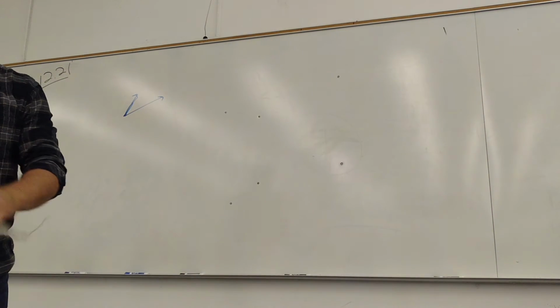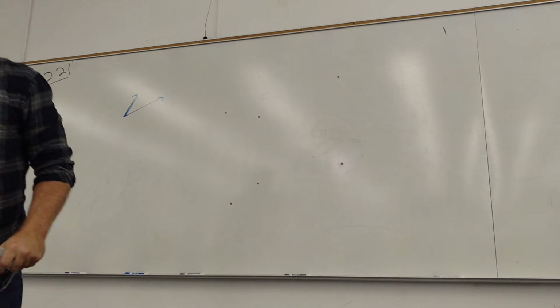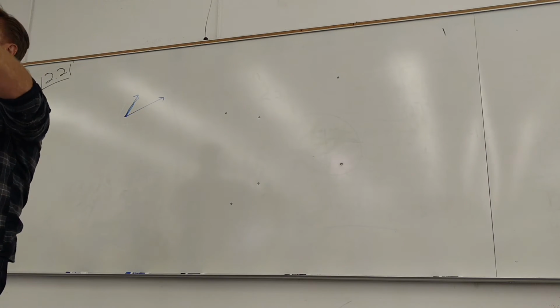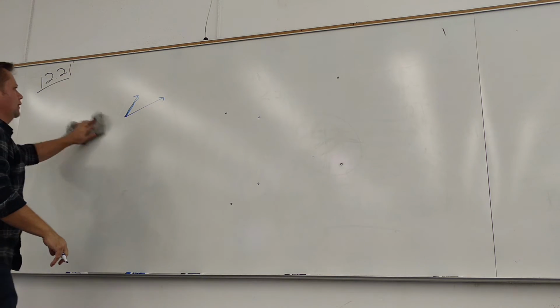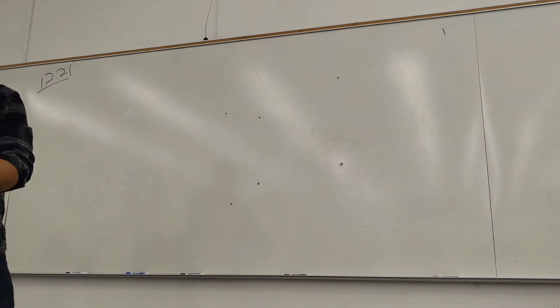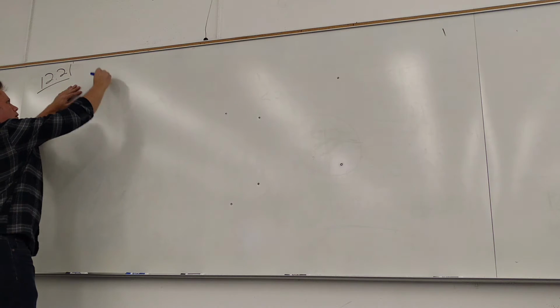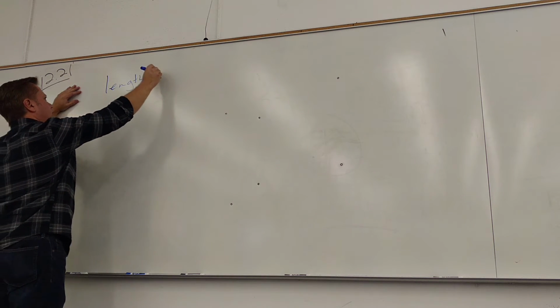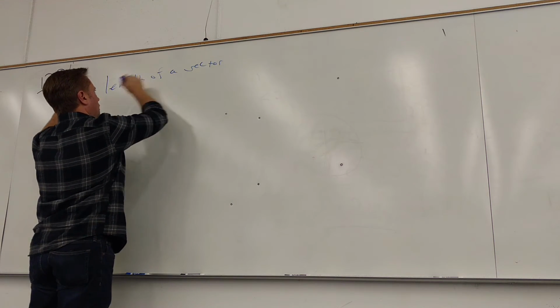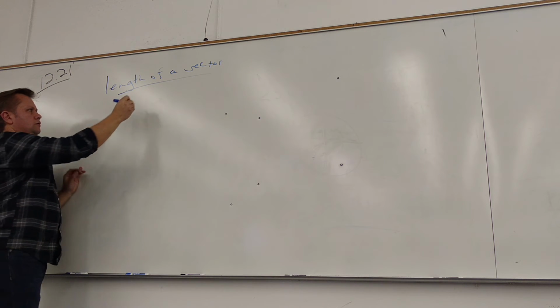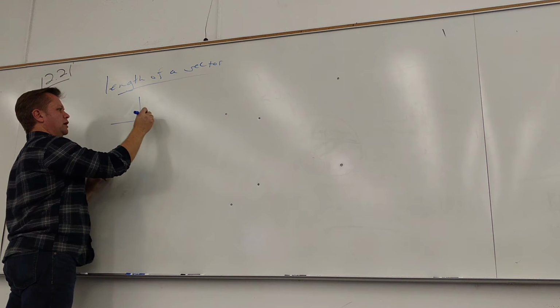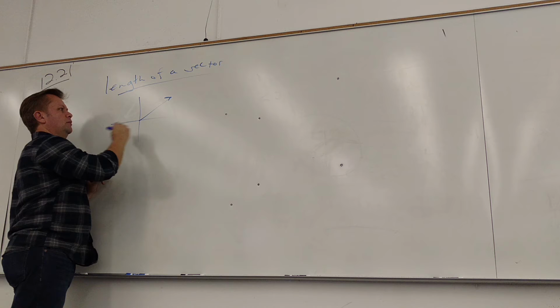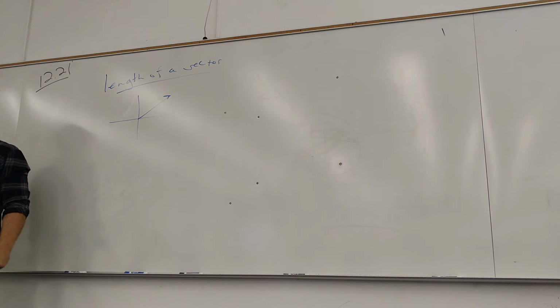Okay. I'm going to do one more idea, and then I'm going to let you attack this little handout that I've got. That's the length of a vector. Now, I can talk about 2D, but I don't care how many dimensions you live in. Hopefully the length of a vector is immediately obvious.